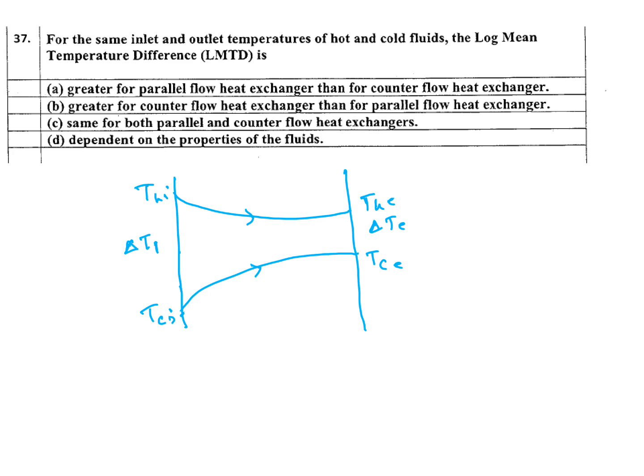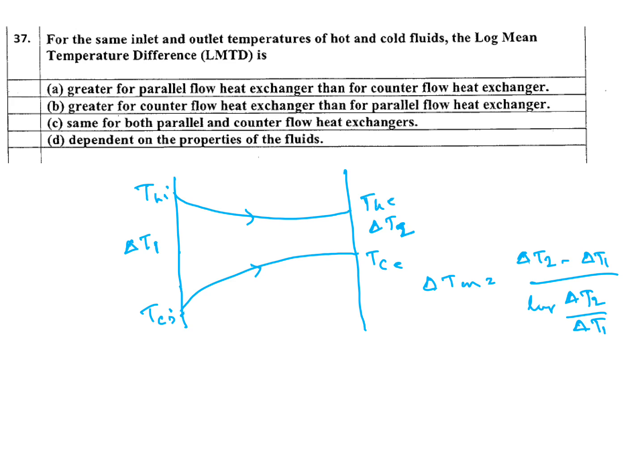And delta Tm is delta T2 minus delta T1 divided by log of delta T2 by delta T1. So it's greater for the counter flow heat exchanger.